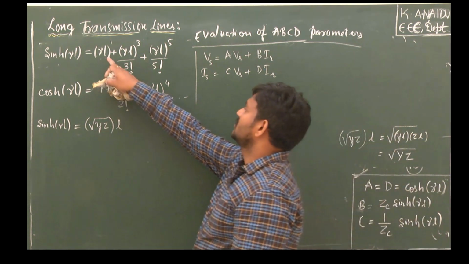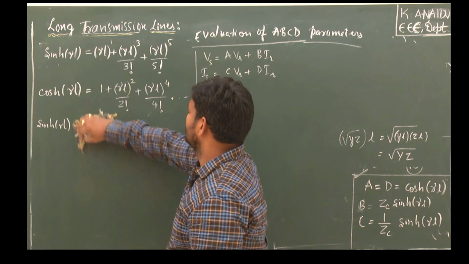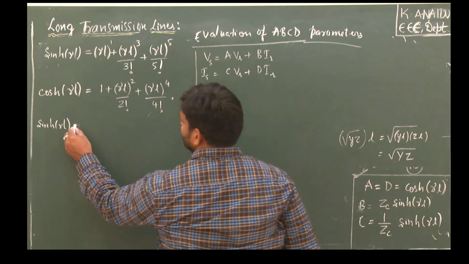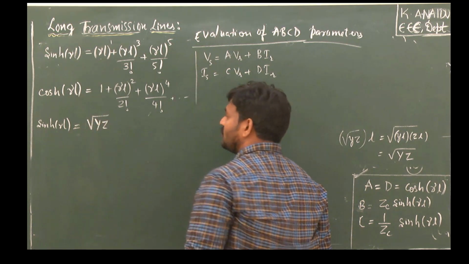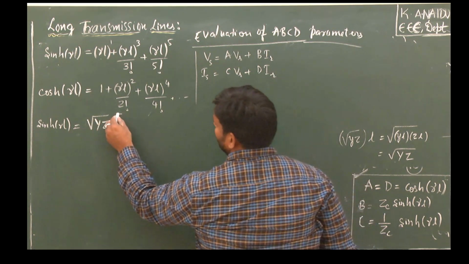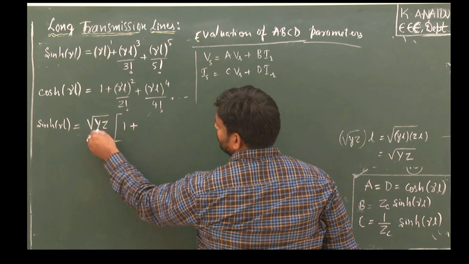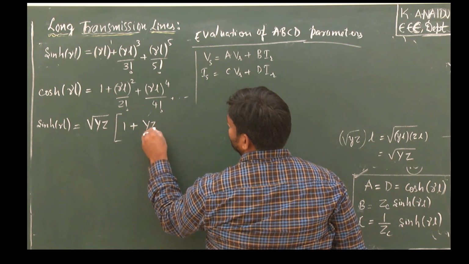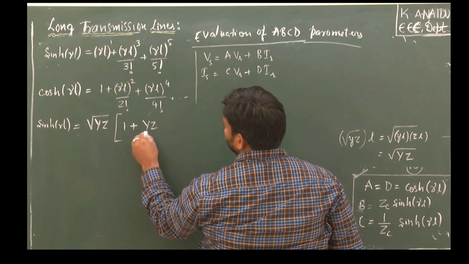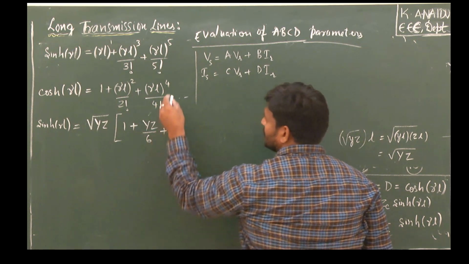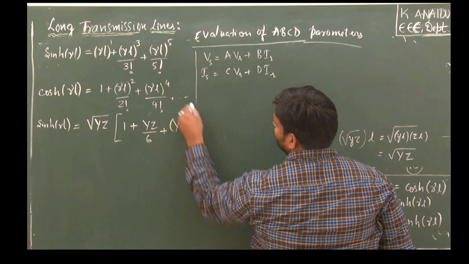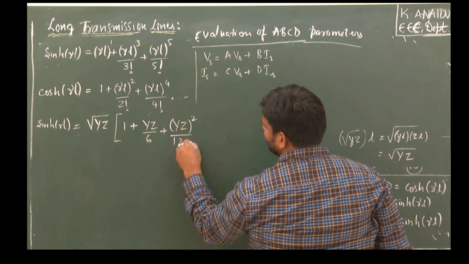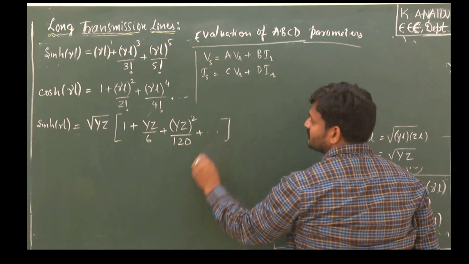So here gamma L can be written as square root of yz. If you take it out common, what you will have? 1 plus yz by 6, 3 factorial is 6, plus yz whole square by 5 factorial is 120, plus so on.